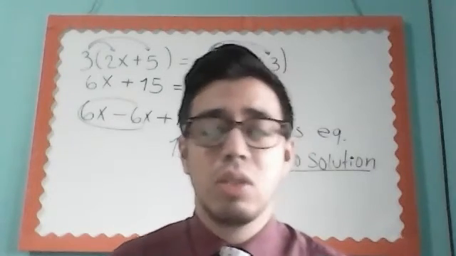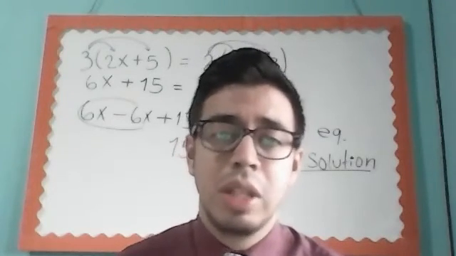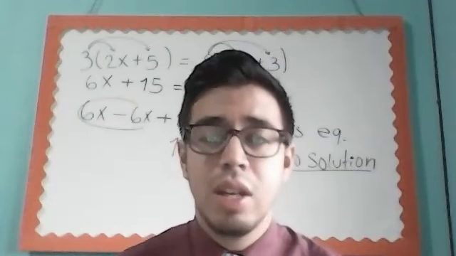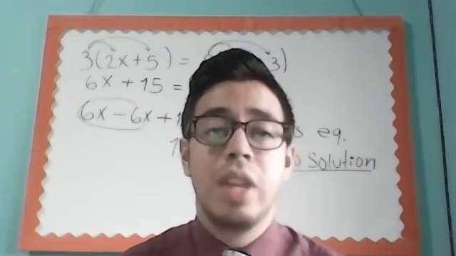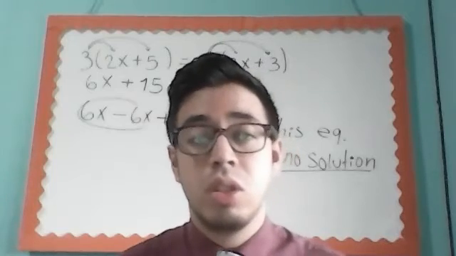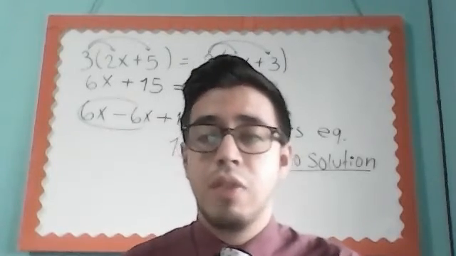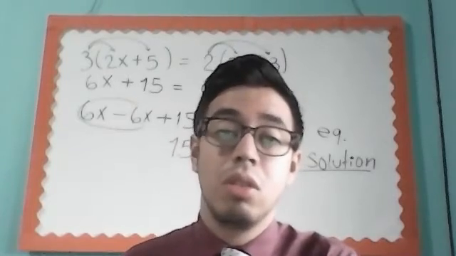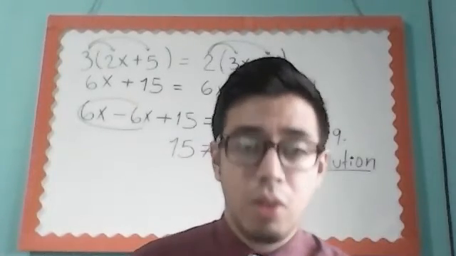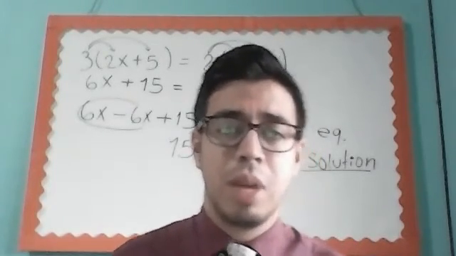Okay, it's like solving the exercise, but you are solving it mentally, okay? You don't need to write every step on the board. Only if they ask you just to know if the equation has many solutions, no solution, or the solution is only one value for the variable, okay?